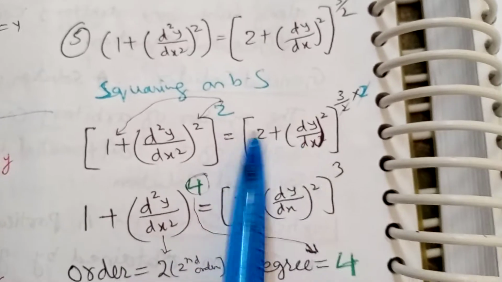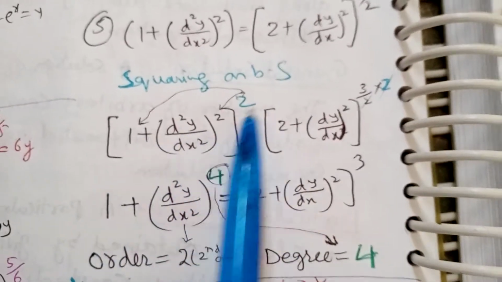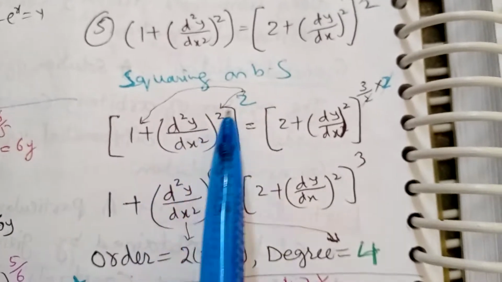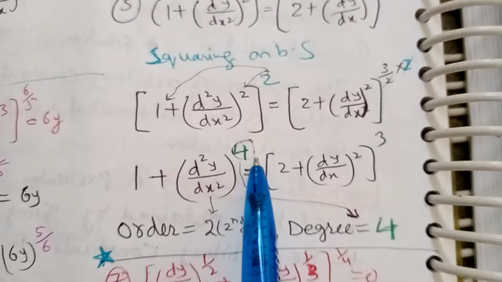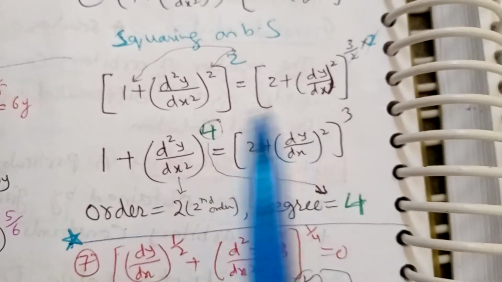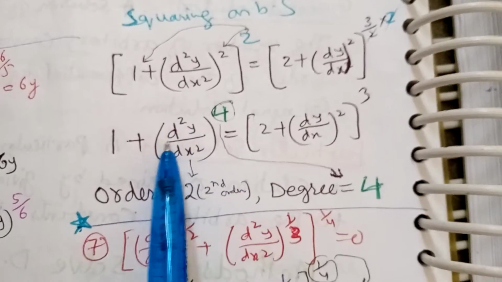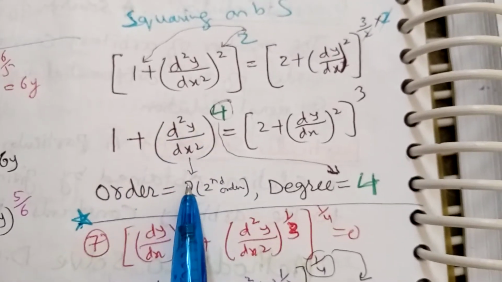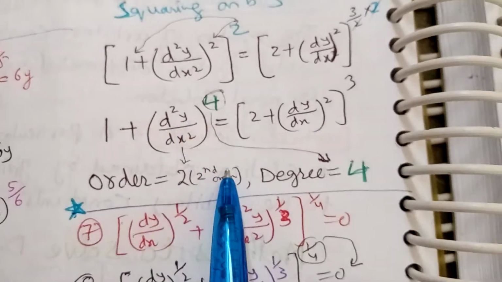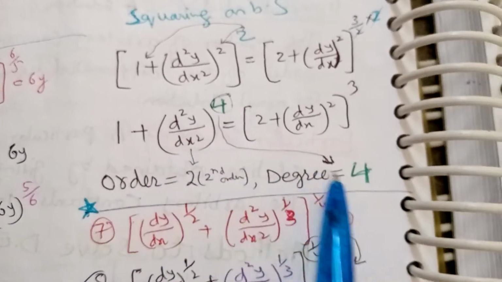Here right side (2 + (dy/dx)²)³, but here (a + b)² is a² which is 1, b² means (d²y/dx²)², 2 2s are 4, plus 2ab. So now the highest power is d²y/dx². So order is 2, second order derivative, and degree is 4. Order 2, degree 4.